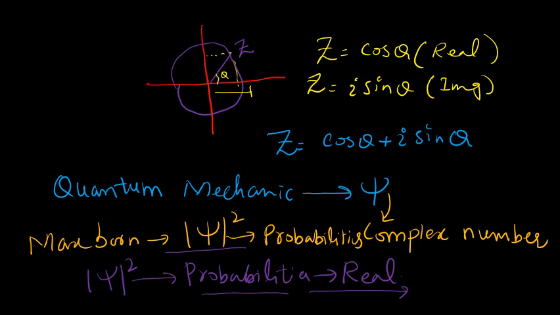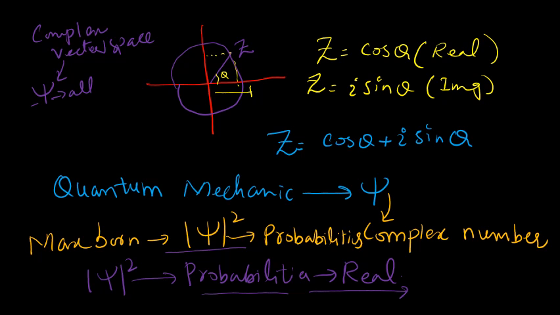The whole mathematical framework required to express the laws of quantum mechanics consists of a complex vector space. So in quantum mechanics, you have the complex vector space, and this complex vector space contains all wave functions.